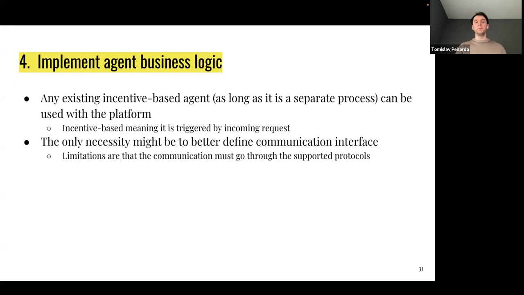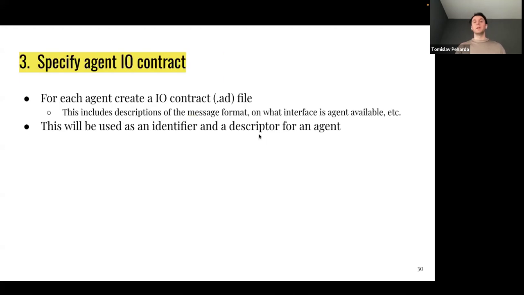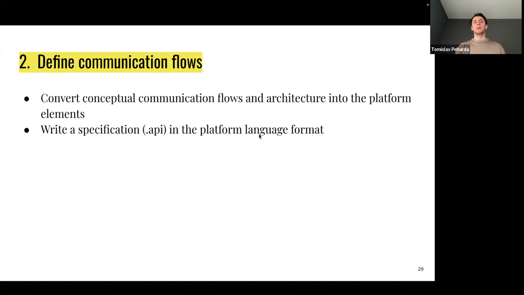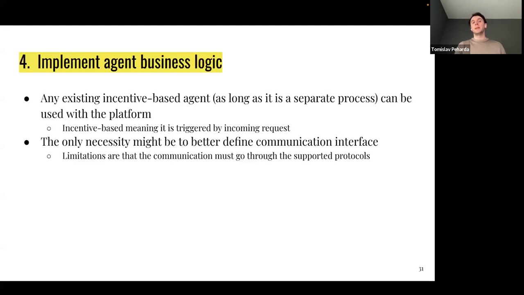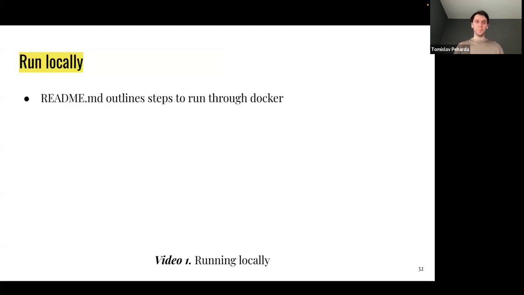From a high level, in practical steps, you need to define communication flows as part of the API specification. You need to create the input-output contract for each of your individual agents. And then the third thing is optional. If your agents do not have business logic, you obviously want to code them. Otherwise, you are pretty much done.